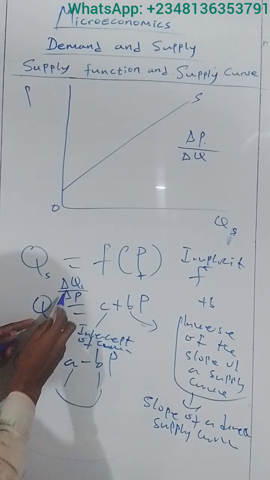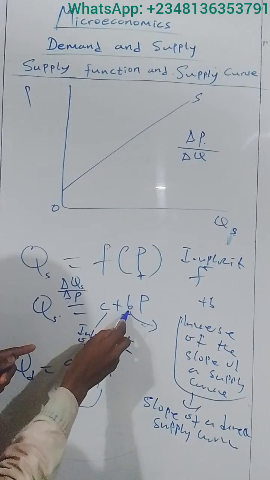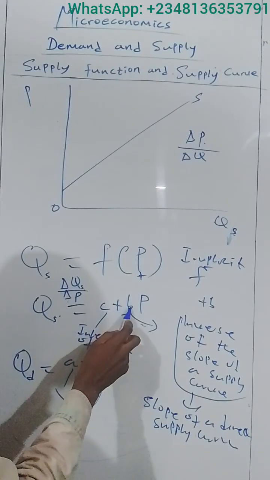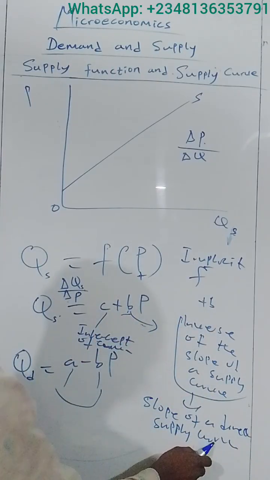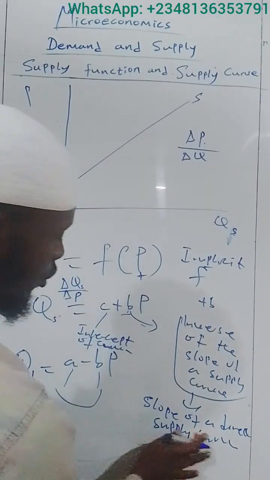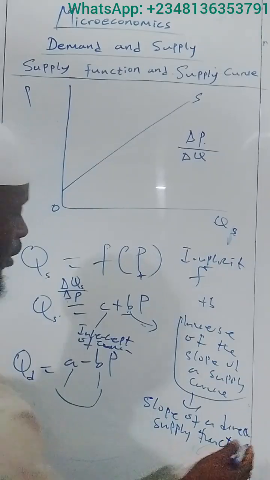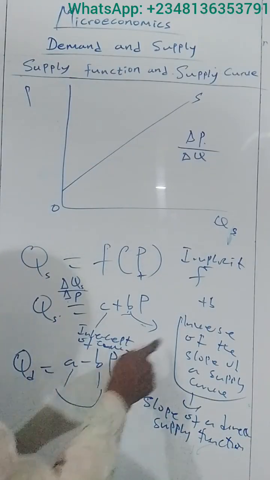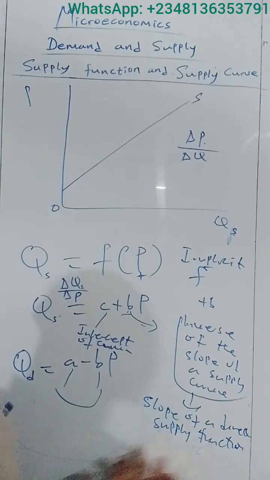If I derive Qs with respect to P, it is going to be plus b. Plus b here is the slope of a direct supply function, not the supply curve, although they may be used interchangeably. Here we said b is the inverse of the slope of a supply curve.